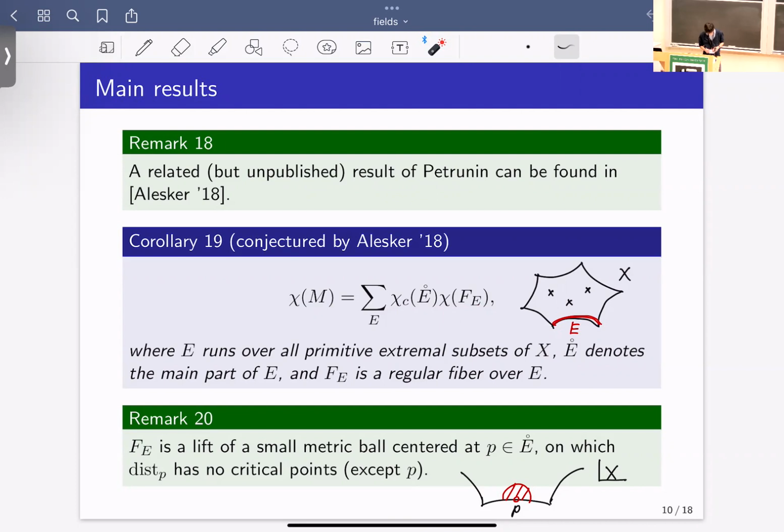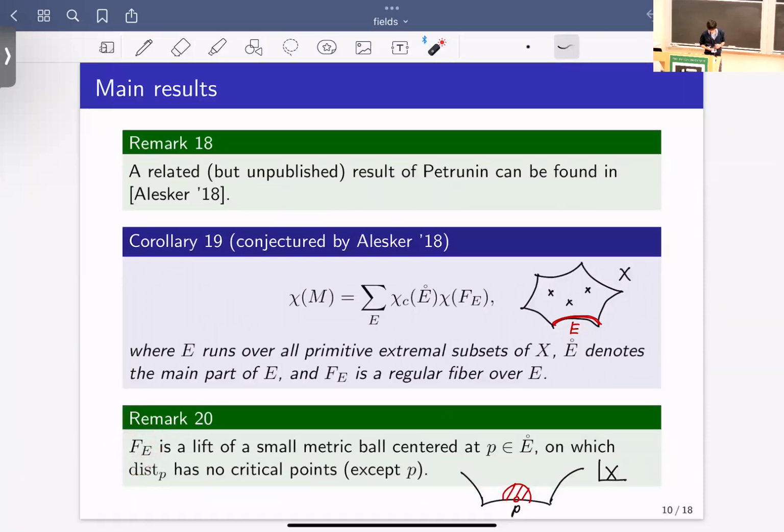So what I mean by a regular fiber is that you take an arbitrary point P from the main part of E, then there exists a small radius such that the distance function from P has no critical points on the ball of this radius. And you lift it to M, and then it gives a regular fiber FE.